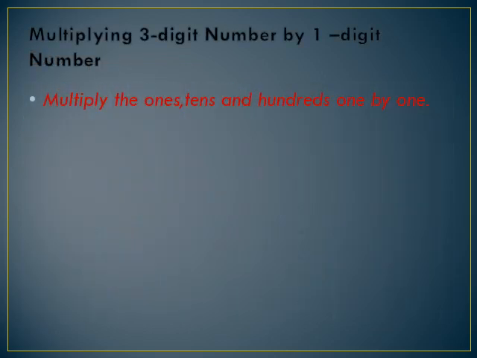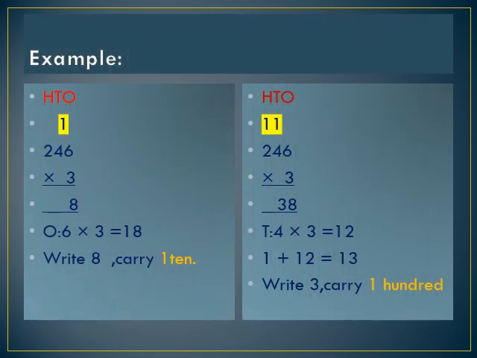Now children, our next topic is multiplying a 3-digit number by a 1-digit number. Children, here you will multiply the ones, tens and hundreds one by one. Now let us understand this with an example.